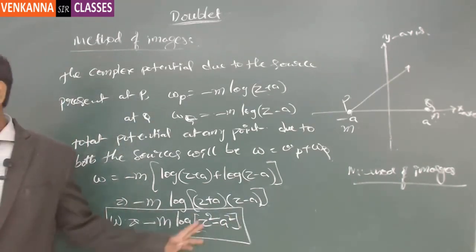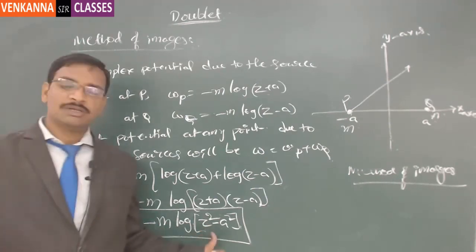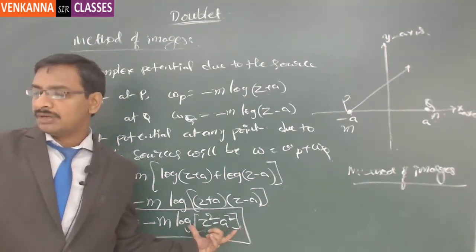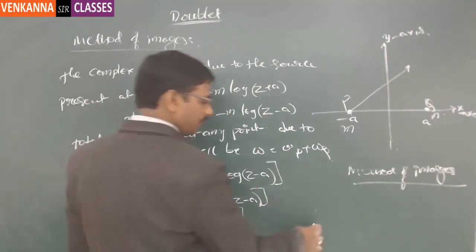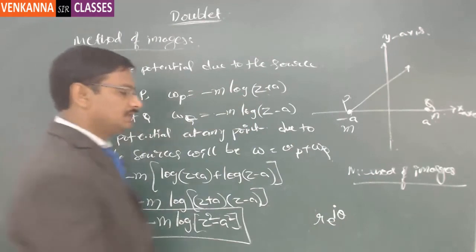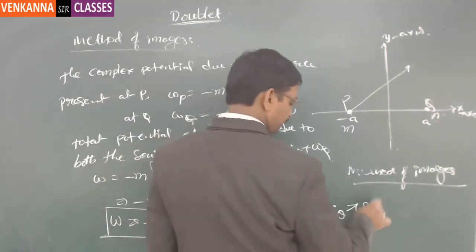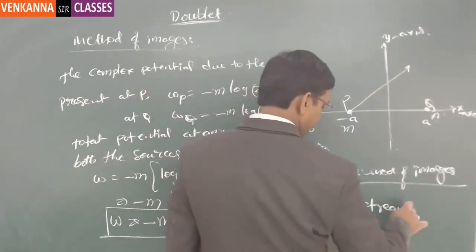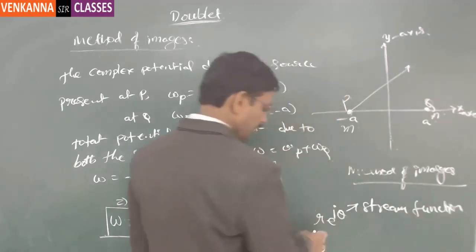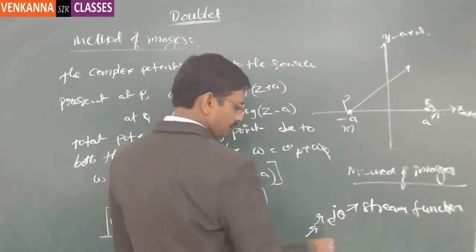Now here you can replace z with x plus iy and then take it into the r e power i theta format. And then this theta will represent the stream function, and this r will represent the potential function.